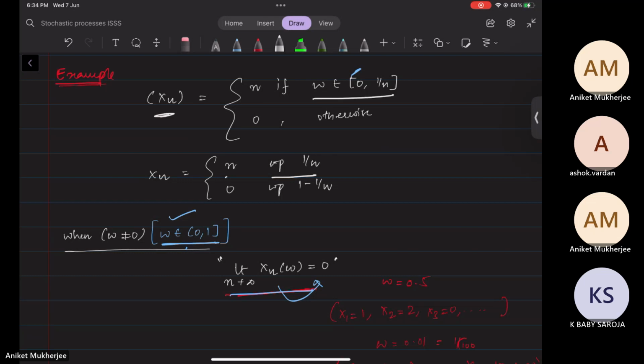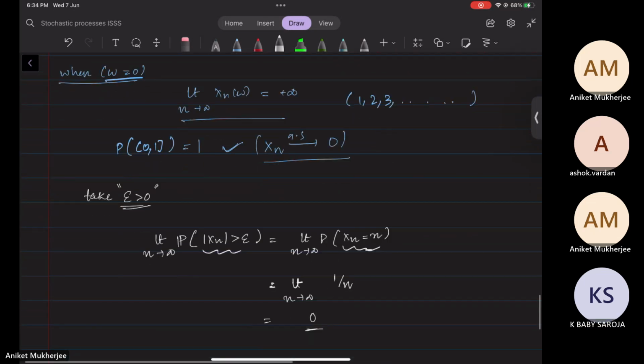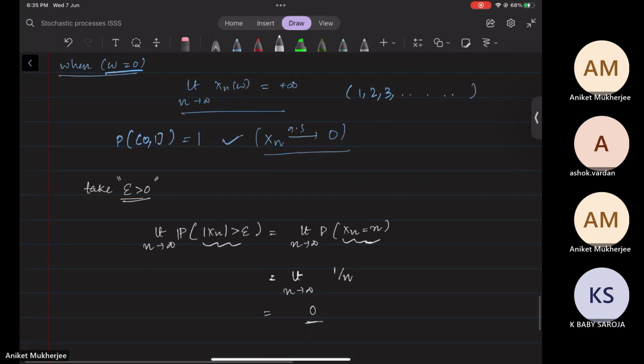I defined them such that if omega belongs to the interval 0 comma 1 by n, it is n. The probability measure is the length of the interval. You're correct.